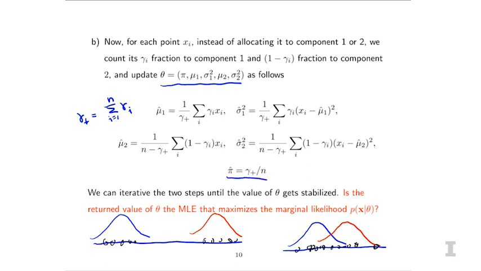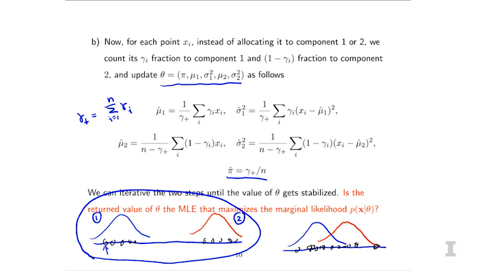For example, let's look at this case where our two one-dimensional normals are really far away from each other. Suppose blue is component 1 and red is component 2. For observations here, you're going to find their gamma I will be close to 1.